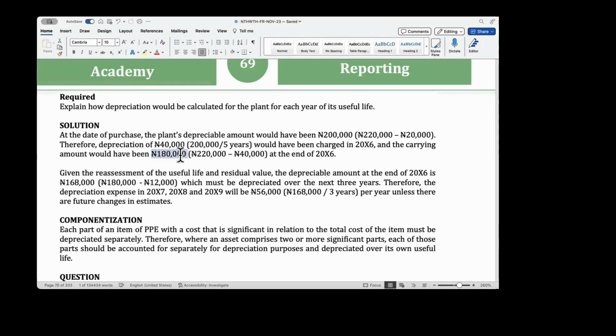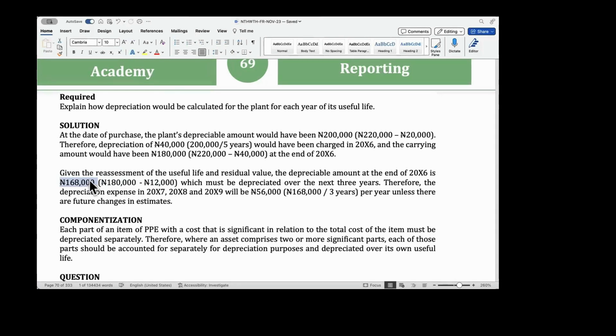We use the latest value of the asset, which is the carrying amount, 180, minus the new residual value of 12,000. And that gives me a depreciable amount of 168,000. So in 2006, the useful life has changed and the residual value has changed.